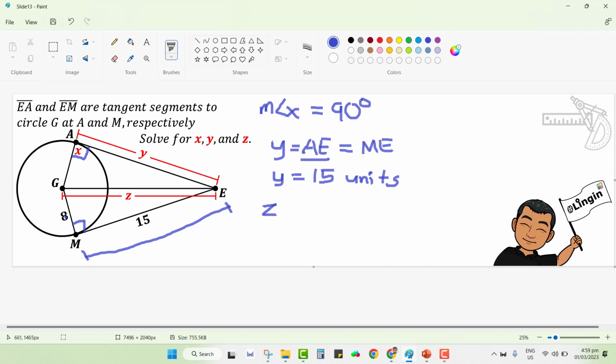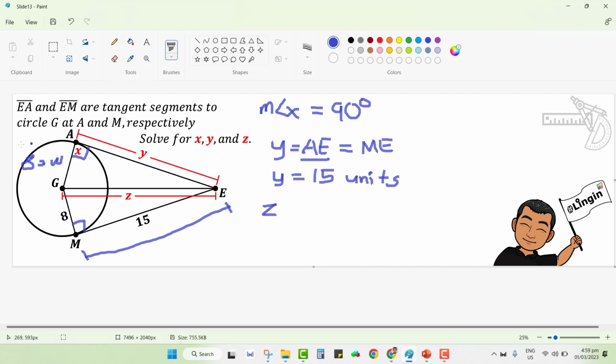If this is W, let's say AG is W, AG is equal to 8. Why? Because AG is a radius of circle G. Similar to MG or GM, they are both radii of the same circle. And another theorem in geometry tells us that radii of the same circle are congruent. So this is 8, that's also 8.